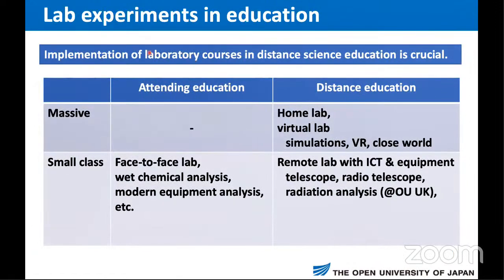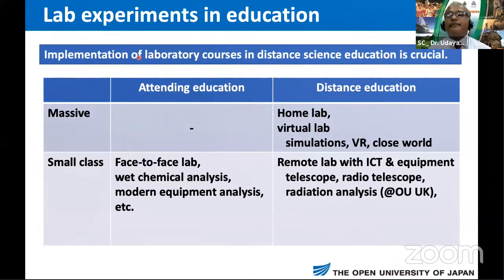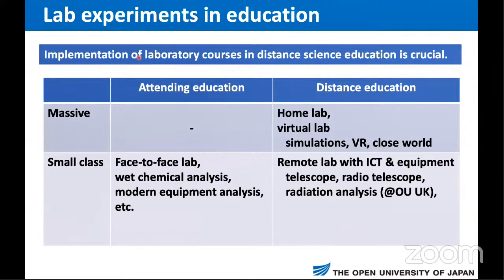In distance education, conducting scientific experiments is important for both science majors and non-science majors because it is a way of learning to develop a sequence of scientific thinking, including method, data acquisition, and analysis. In face-to-face university settings, laboratory classes are offered in relatively small classes. Instrumental analysis is often included in the experiment.